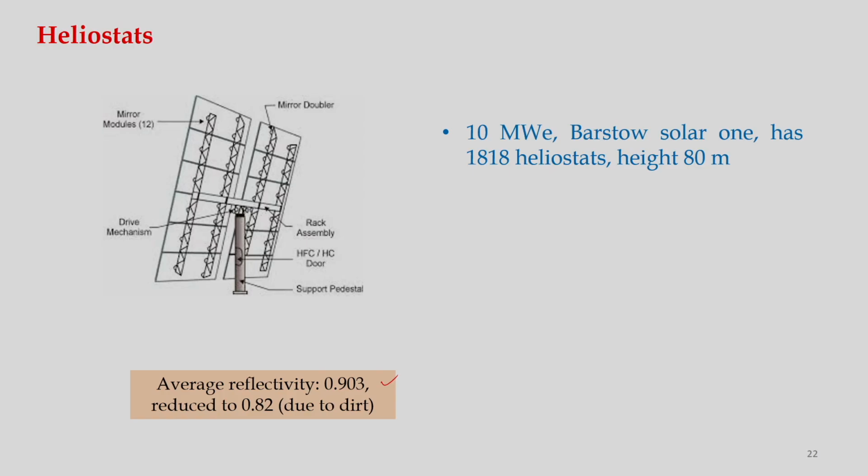And in the case of Barstow Solar 1, it has about 1818 heliostats, and the height of the tower is about 80 meters, and it can produce 10 megawatt of electrical energy. So, E stands for electrical energy.